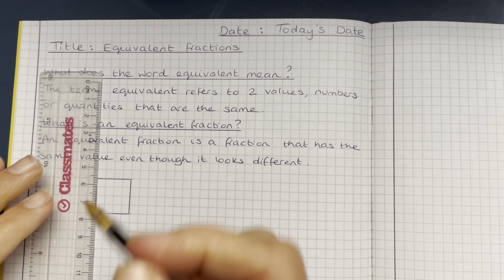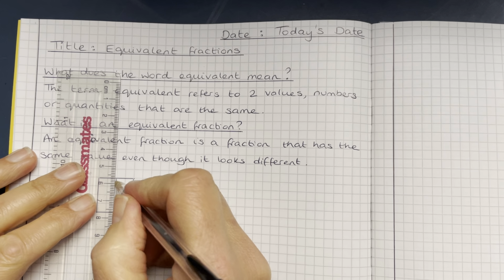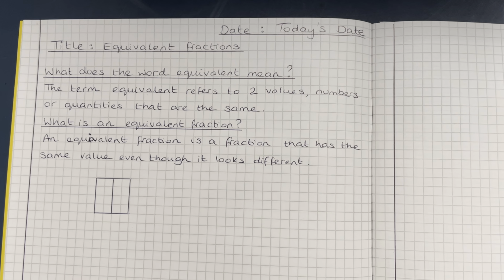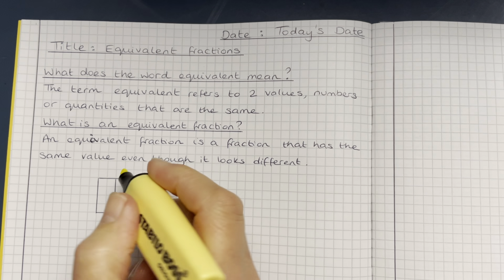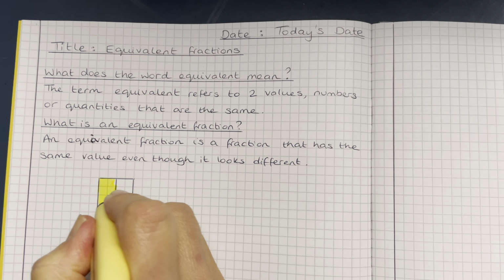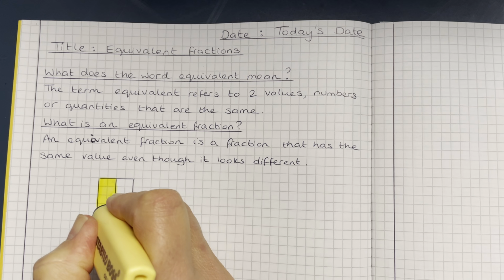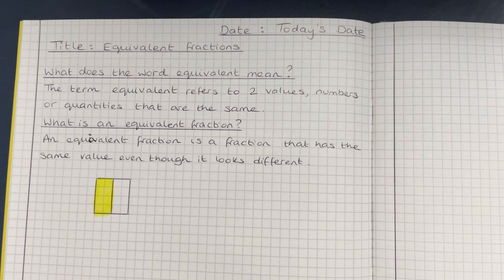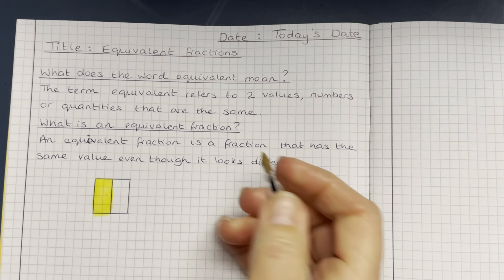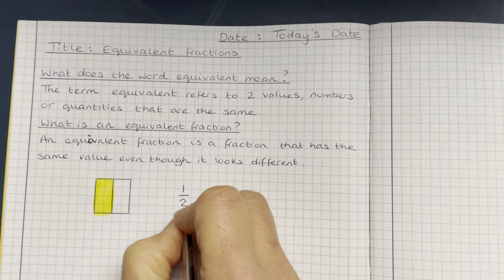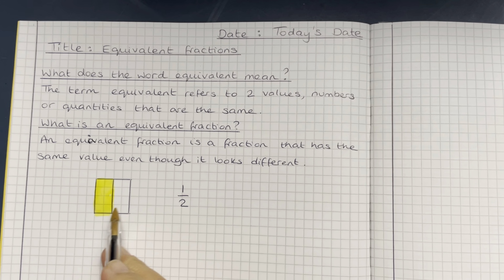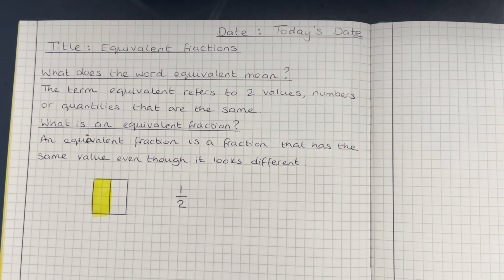If I cut it into 1/2, and let's just shade 1/2 of it, I'll find a highlighter pen. So I have shaded half of my shape, okay? One part shaded out of 2 equal parts.